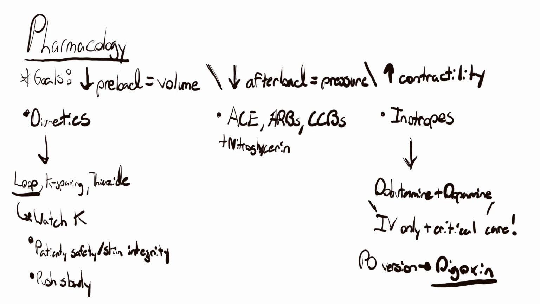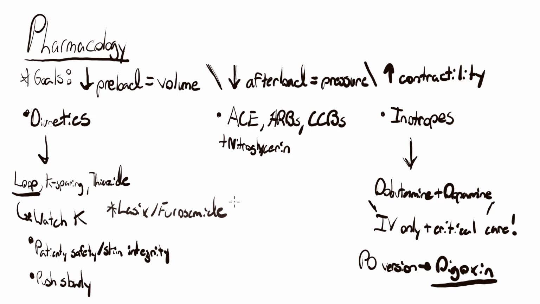So think to yourself, the patient has a lot of fluid, a lot of volume. What medication can you give them to remove that fluid? Well, there's a whole class of medications that are used to expel fluid. They're called diuretics, right? And there's various types of diuretics. There's loop diuretics. An example of a loop diuretic would be Lasix or furosemide.